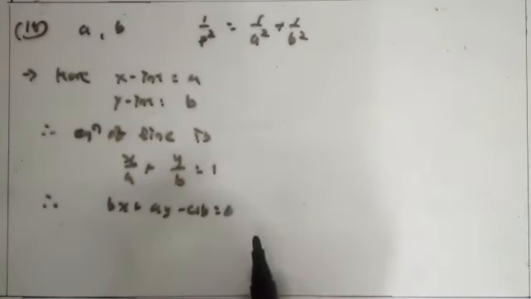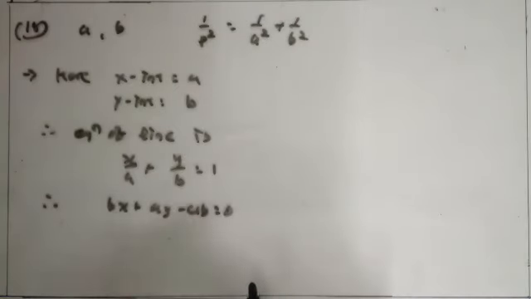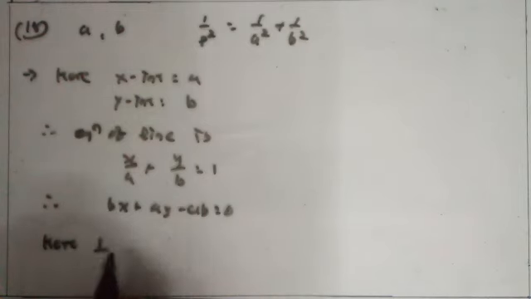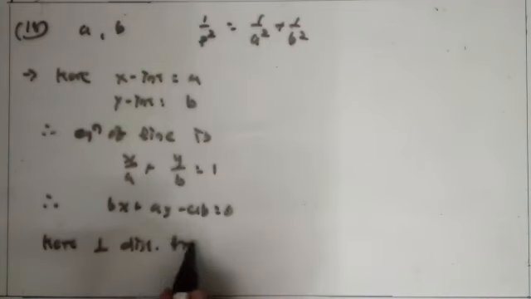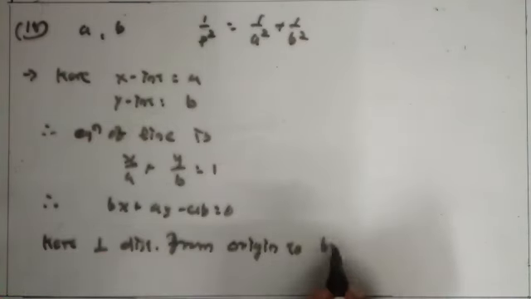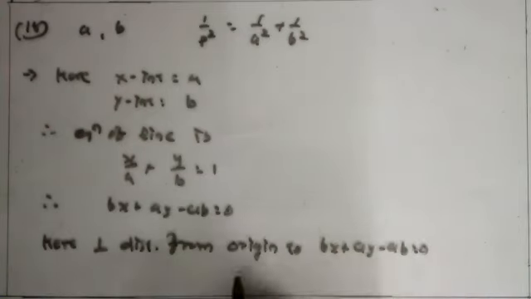Now the perpendicular distance from the origin to the line. p is the length of the perpendicular from the origin to the given line. So the perpendicular distance from the origin to the line bx + ay - ab = 0 is |-ab| / root(a square + b square).